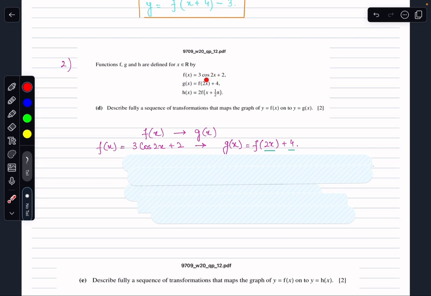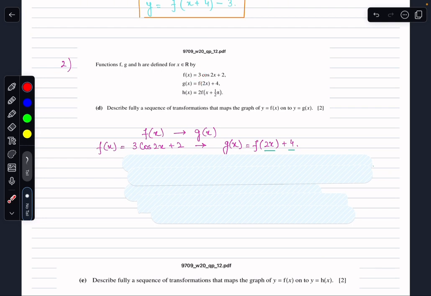This shows cosine of 2x, meaning the function cos is getting stretched in the x direction by the scale factor 1 by 2. Third, I have the coefficient 3 outside the cos function.